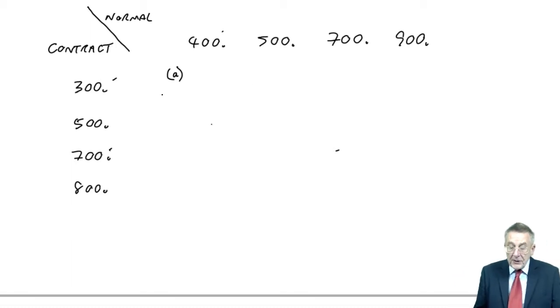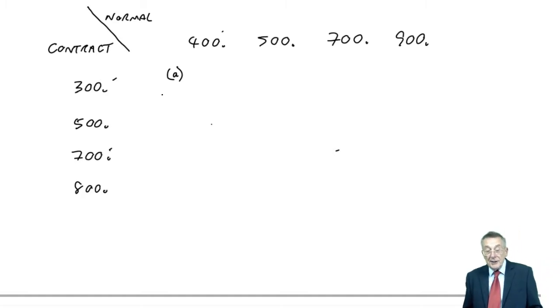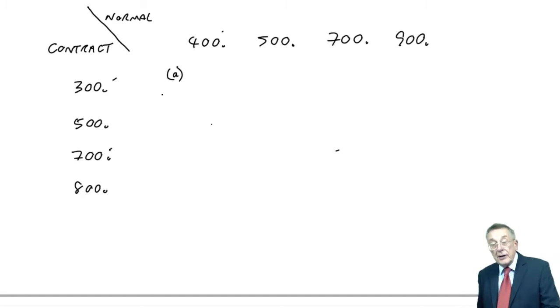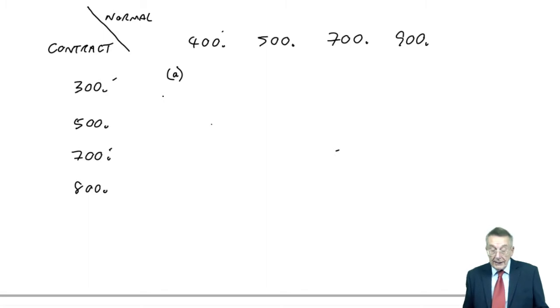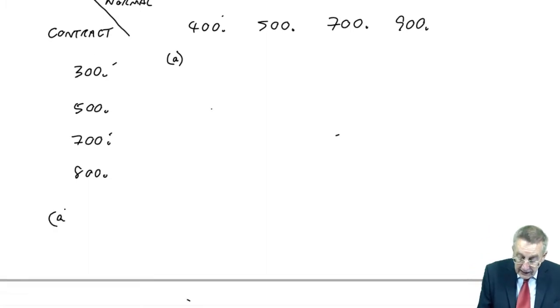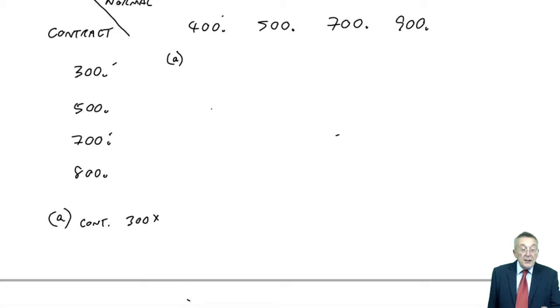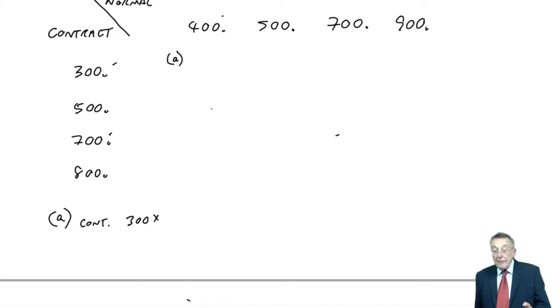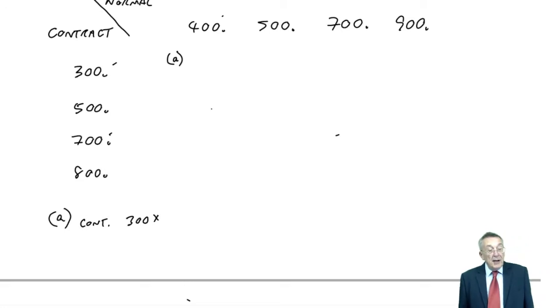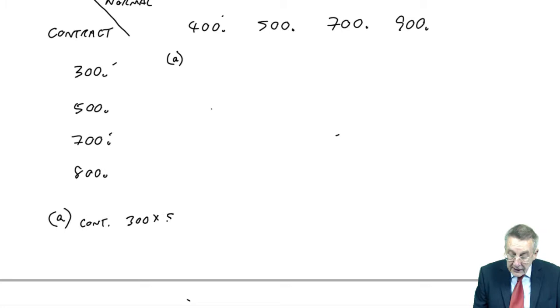Suppose that's what's happened. We sign a contract for 300 and ordinary customers want 400. How much will we make? Well, the contract customers, remember units are costing us $6 each, and on the contract, the price is $9, so we're making $3 profit.